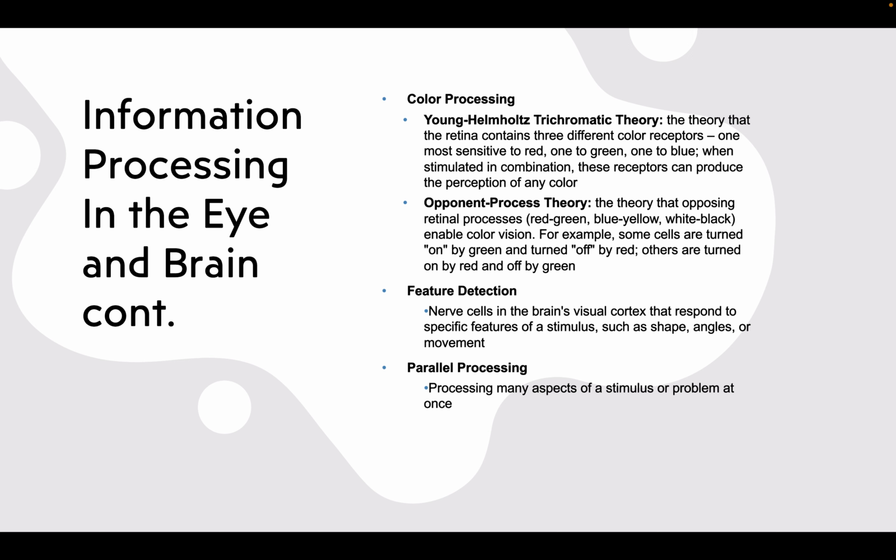The next part of information processing is feature detection. Feature detectors are nerve cells in the brain's visual cortex that respond to specific features of a stimulus, such as shape, angles, or movement. This is how we are able to detect the different features, both facial features as well as the features of different things, and how we are able to put a name to something that we're looking at.